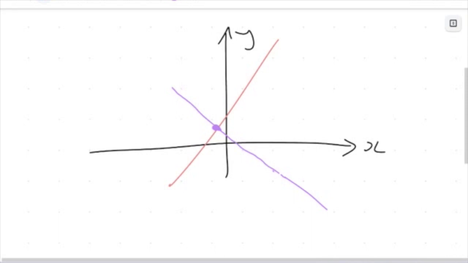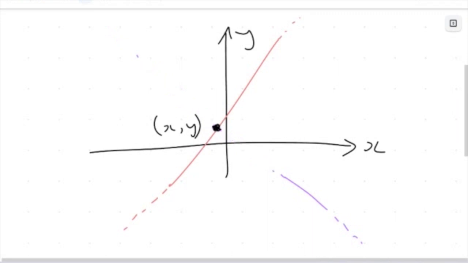Is it going to meet it again? If I kept extending my red line here, or in the other directions, we can see pretty clearly they're never going to meet again. They're always meeting at this one point. We can just call that point XY. So both of our lines, and this goes for most of the lines we're going to encounter, are always going to meet at one point.